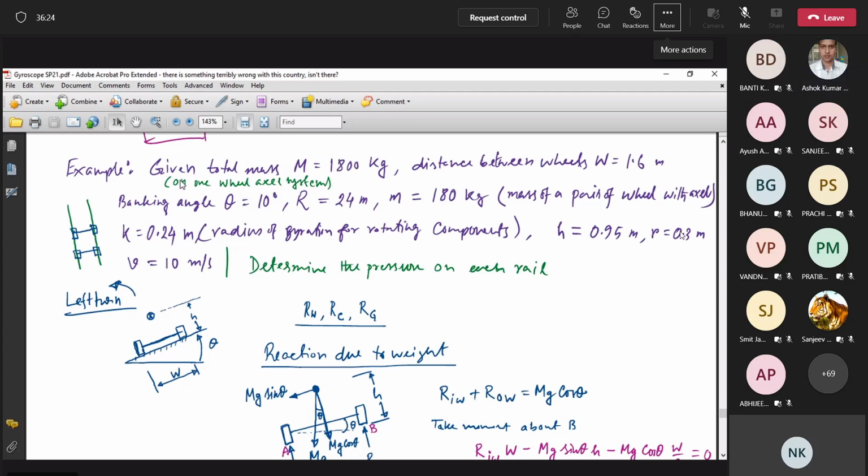But the problem is a little bit simplified. It says that in one wheel axle system, this is the total mass acting. So when you find the reaction due to the total weight, this weight must be divided by two wheels. The distance between two wheels in one axle is 1.6 meter. Generally this is a problem of a railway wagon.